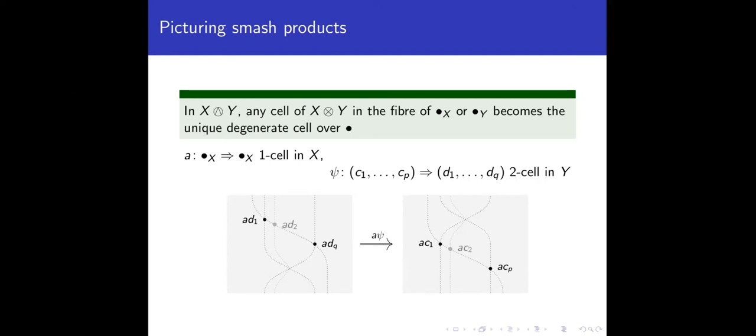Thank you. Okay, can I ask you a second question? Yes. About the relationship between your smash product and the Boardman-Vogt tensor product. Is it possible that if one applies these reflecting functors to go back to props, you actually get some kind of cofibrant resolution of the Boardman-Vogt tensor product?